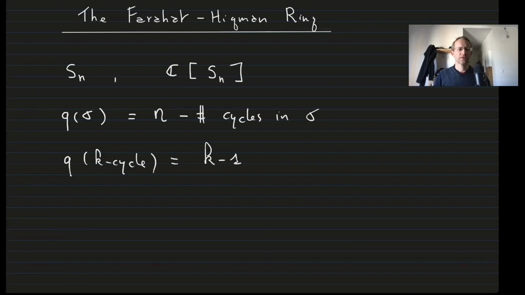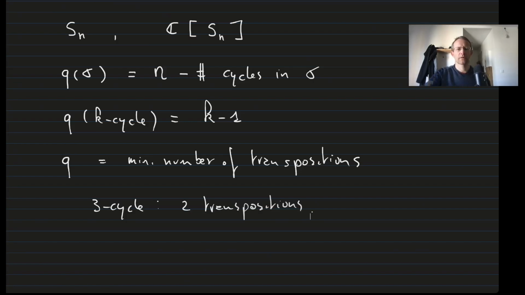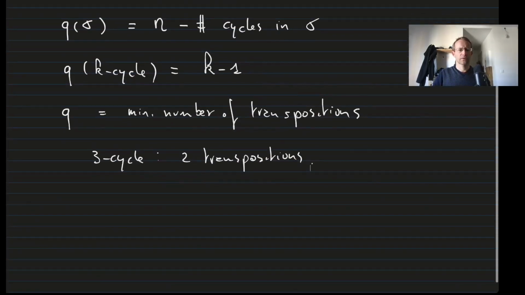It is not too difficult to show that the degree q is actually the minimal number of transpositions that one needs to make up sigma. So for instance, for a 3-cycle, we would need 2 transpositions to make it. Clearly then, q is a length function.